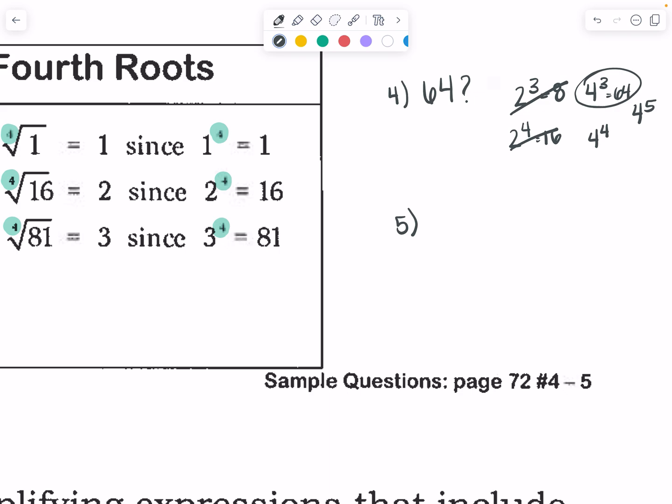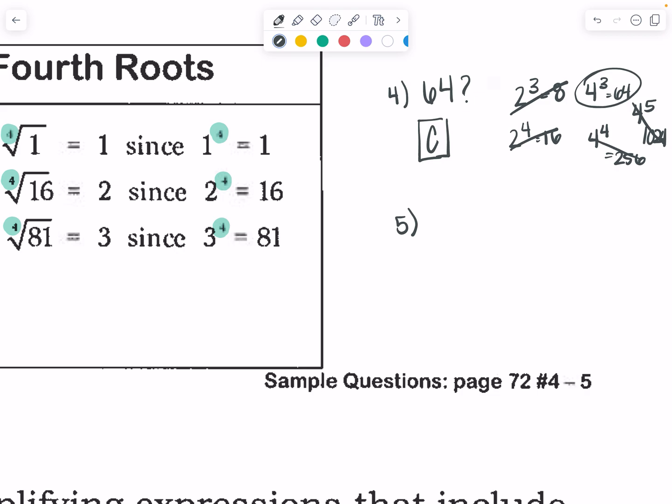And let's just check the rest of them. 4 to the fourth, when I type that in, I get 256. So that's not 64. And 4 to the fifth gives me 1024. So the correct answer there is 4 to the third, or letter C. 4 to the third equals 64.